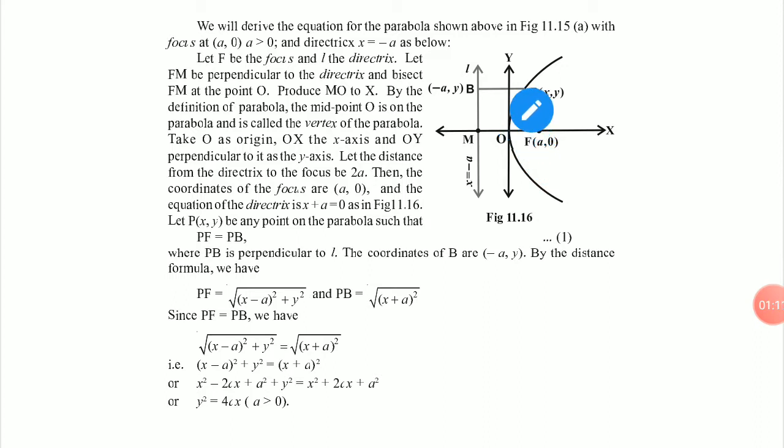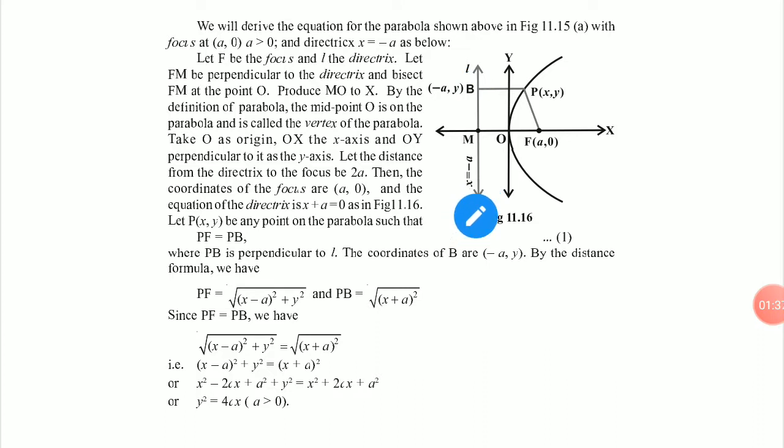Suppose P is any point on the parabola, and suppose the coordinates of the point P are (x, y). This is the y-axis, this is the x-axis, and this line is the directrix.